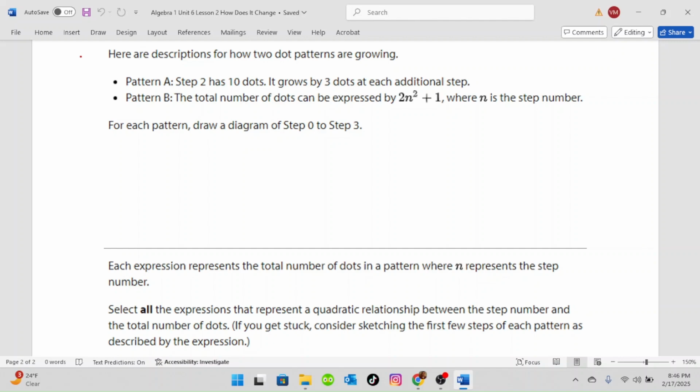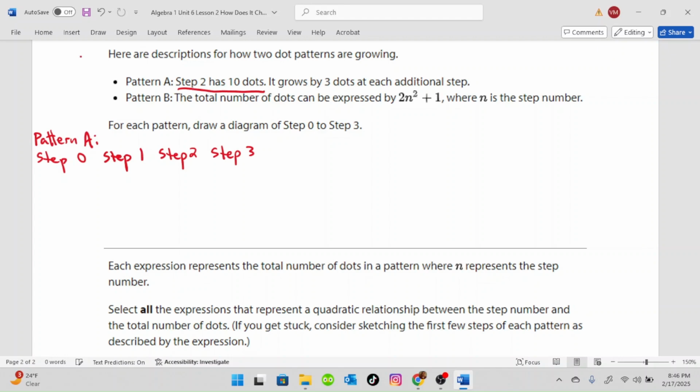So we'll start with pattern A. We know that we're going to have step 0, step 1, step 2, and step 3. We know that on step 2, we're going to have 10 dots.